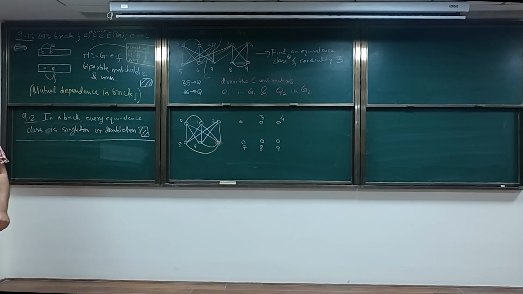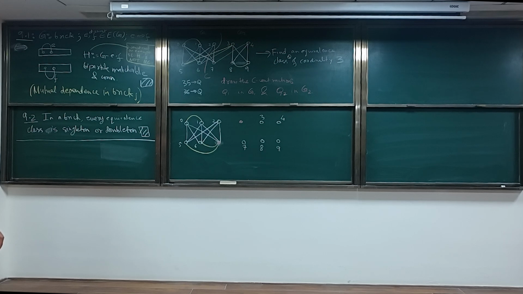Was that one contraction? The number of edges incident at the shrunken vertex should be 1, 2, 3, 4, 5. Yeah, that's one contraction. That is one C-contraction. This is G1.